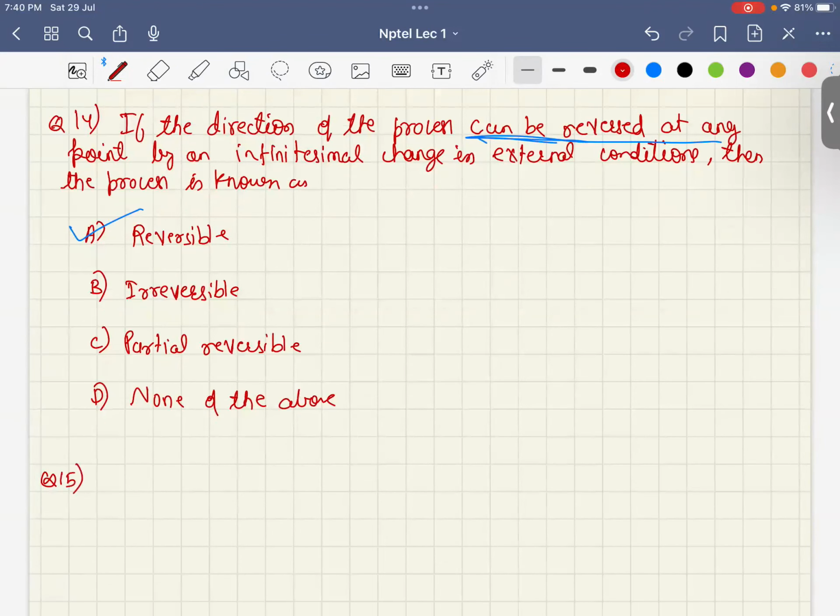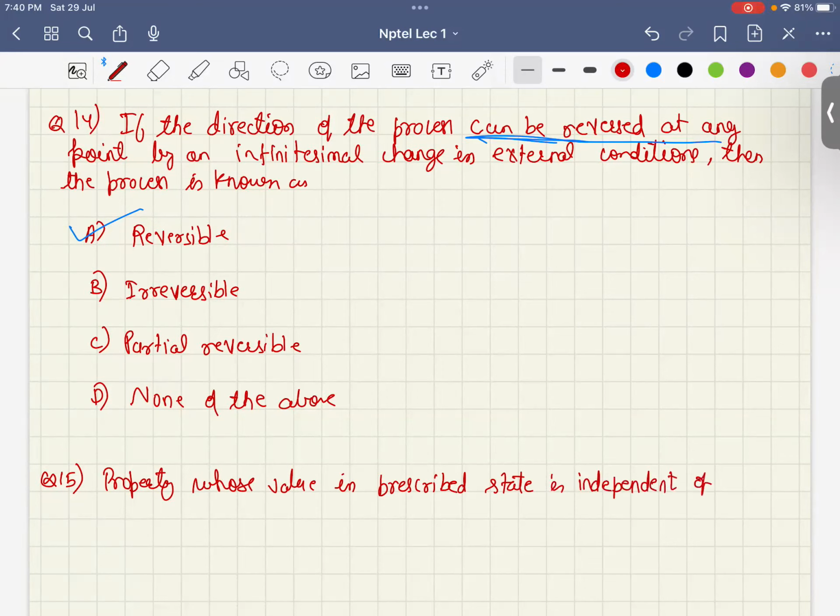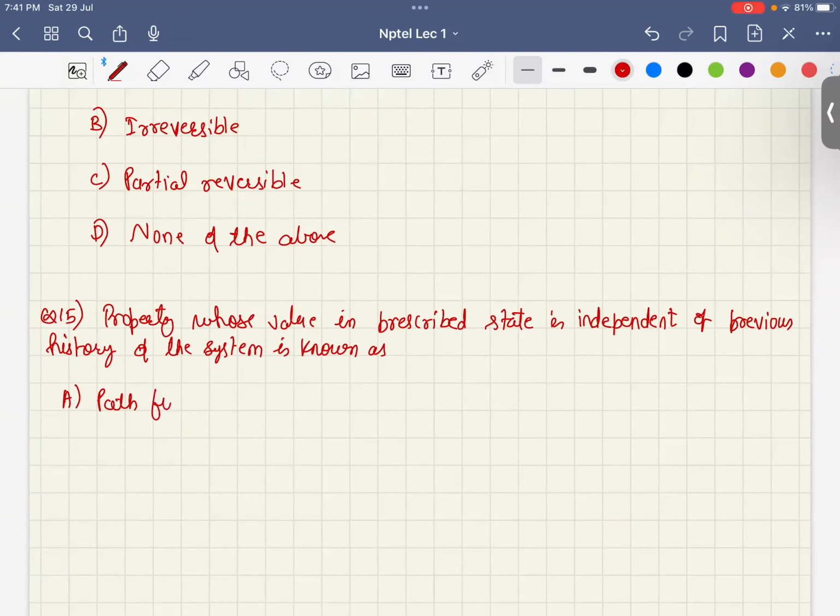Let us move on to the next question. A property whose value in a prescribed state is independent of the previous history of the system is known as: option A, path function; option B, state function; option C, both of the above; option D, none of the above.